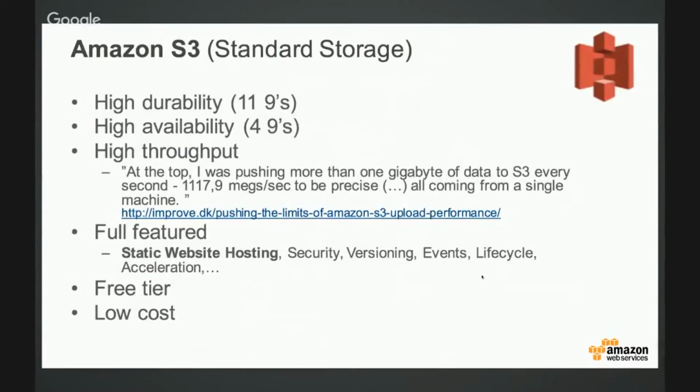We'd say designed for 11 nines. This is because every object, every file you put on S3 is automatically replicated to at least 3 different data centers entirely. So this provides a very high level of durability and availability to your content, and also a very high throughput if you are serving media, images, videos, and such other types of content in your blog. You may find that the throughput of S3 may be extremely desirable.